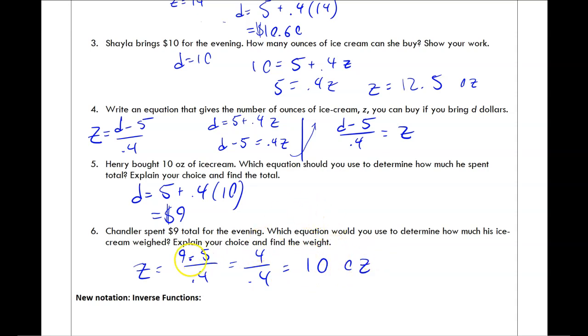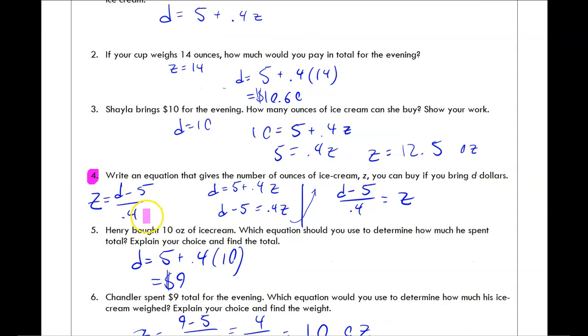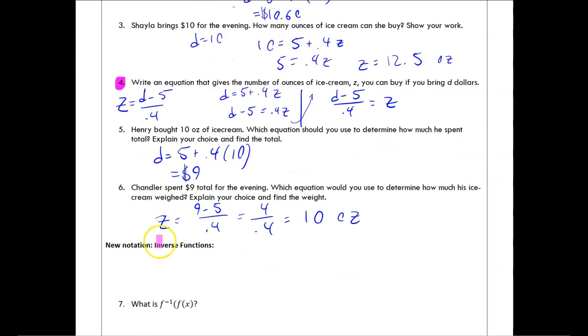Okay, so what we're building towards obviously is this idea that my equation for number 1 and my equation for number 4 are opposites, right? Now, here is where we introduce the new notation to represent that. So the notation is for this idea of an inverse function, right?